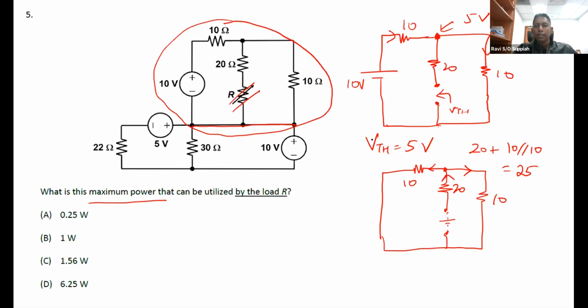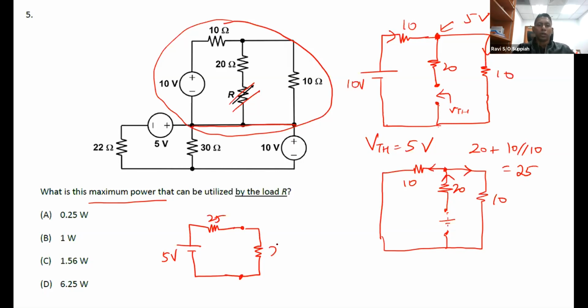So the Thevenin's equivalent circuit can be redrawn as this: 5 volts, 25 ohm, and this is your R. So what is the maximum power that can be utilized by the load R? The maximum power is only when the load resistance is the same as the source resistance.